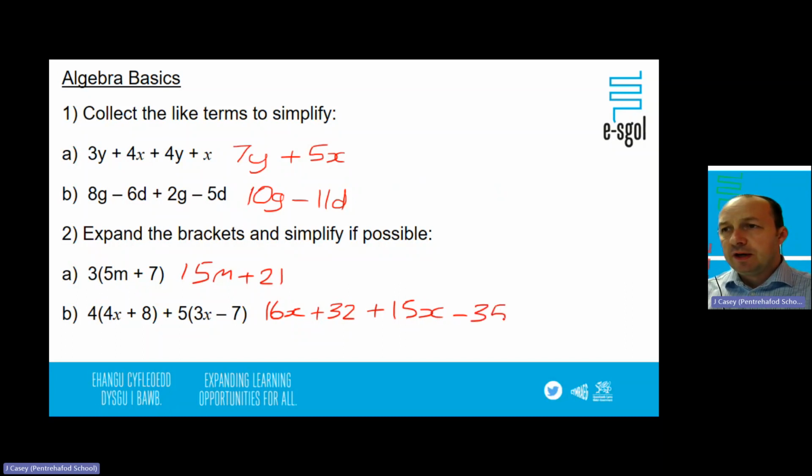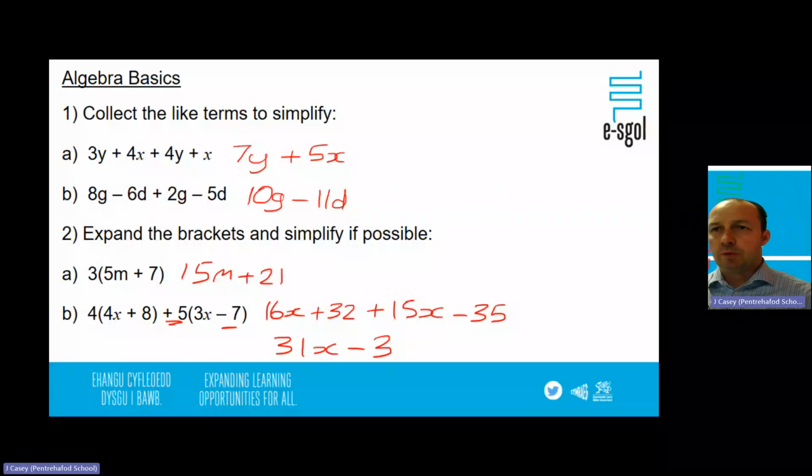There's a negative there because we are multiplying a positive 5 by a negative 7. So that gives us -35. But we can simplify that: 16x and 15x gives us 31x. And we've got the positive 32, take away 35, that's going to be a negative term of -3.